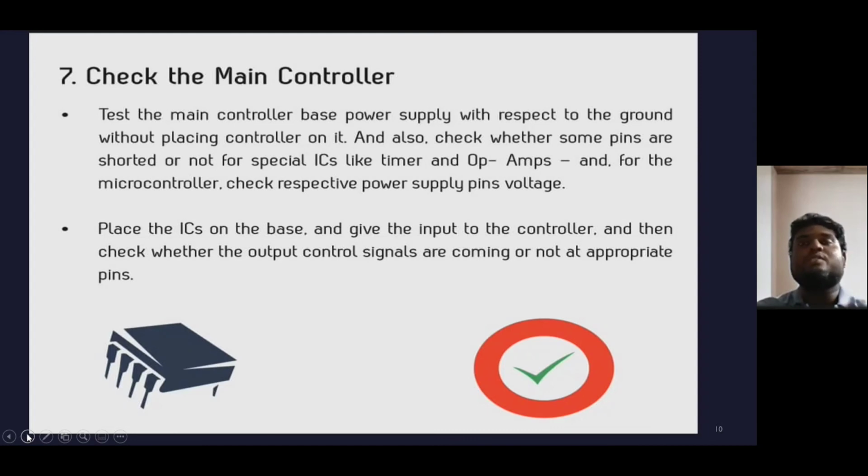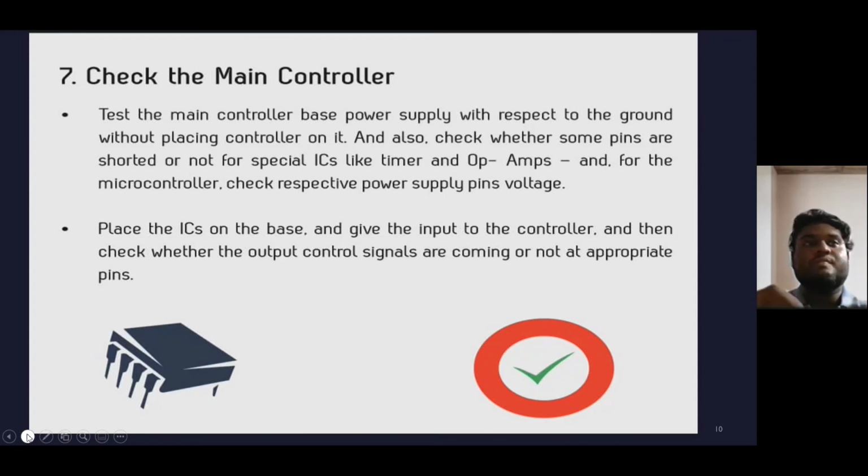Check the respective power supply pins' voltage, place the IC on the base and give the input for the controller, and then check whether the output control signals are coming or not at the appropriate pins.